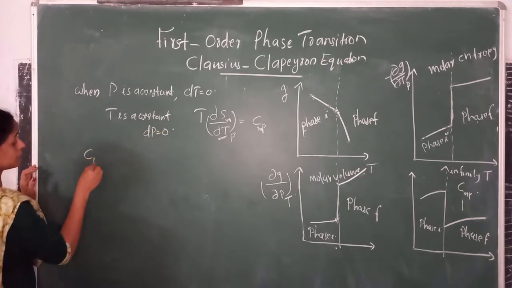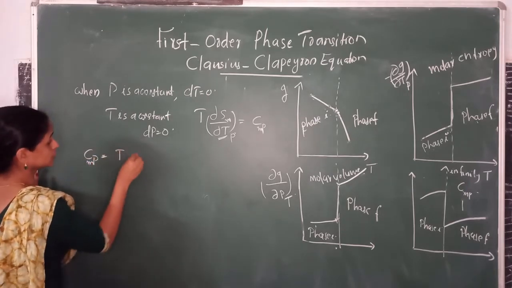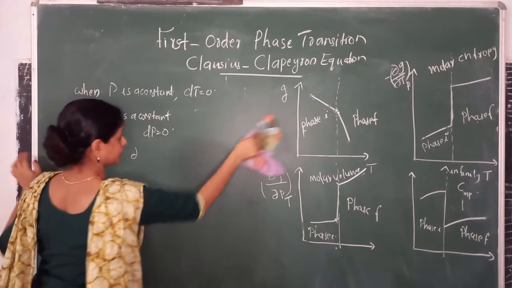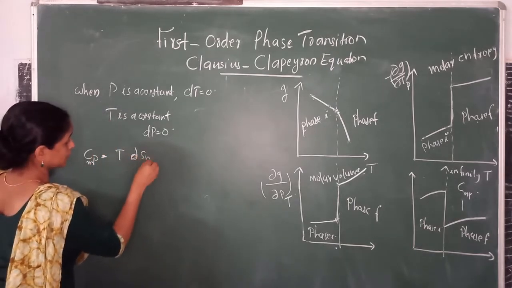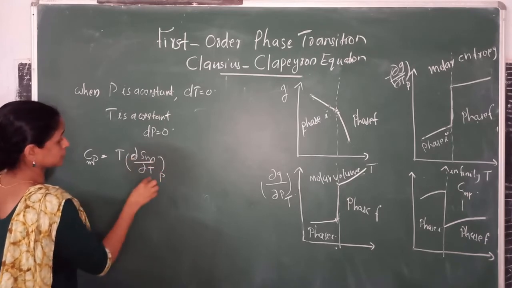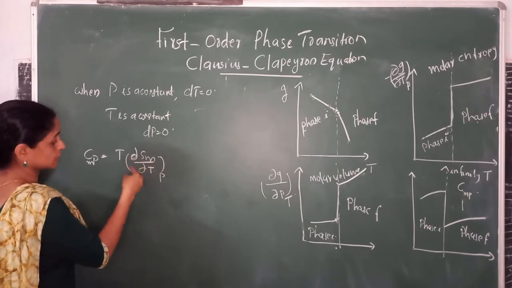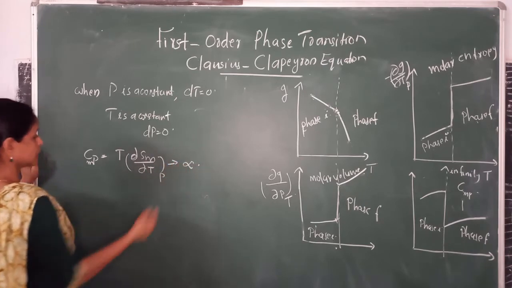We can write Cp, that is molar heat capacity, as T into dou Sm by dou T at constant pressure. So at constant pressure dT goes to 0, so the value will go to infinity.